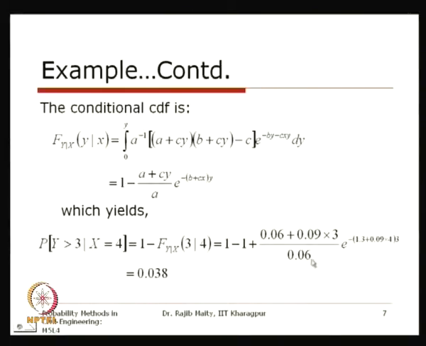So, we just put in the values y equals 3 and x equals 4 here with the other parameters that were defined, and we get the probability that it will exceed 3 millimeter per hour for a 4 hours duration storm is equal to 0.038.